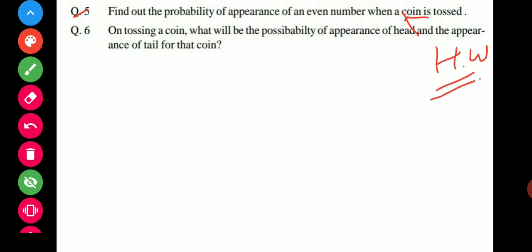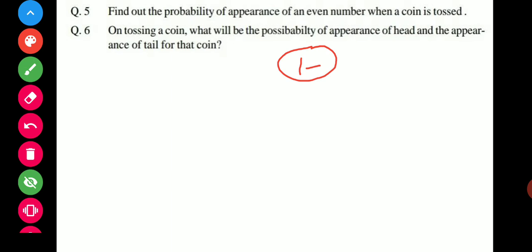And what about the 6th question? On tossing a coin, what will be the probability of appearance of head and the appearance of tail for that coin? As you know, the coin has only two faces. One is head and the second one is tail. It has only two faces. So probability of head appears, मतलब head की probability निकालनी है.